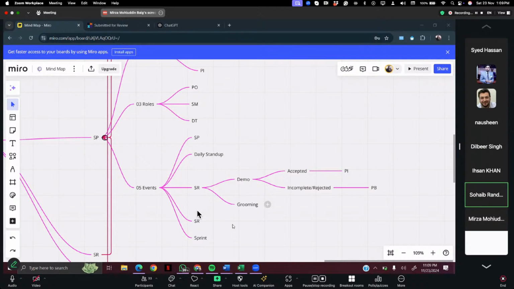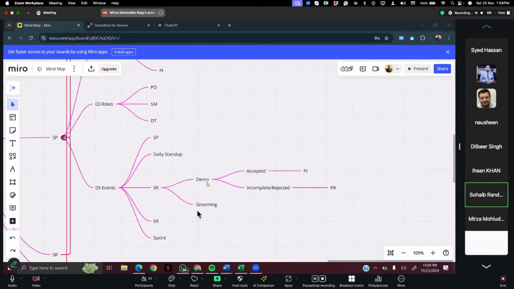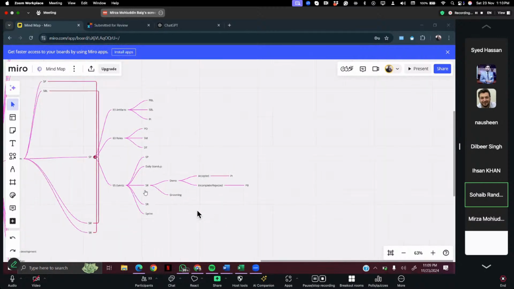Under Scrum review, we have 2 activities: one, we give the demo, and the other is grooming. Once the demo is accepted, it goes to product increment, and otherwise, if it's incomplete or rejected, it goes to product backlog.